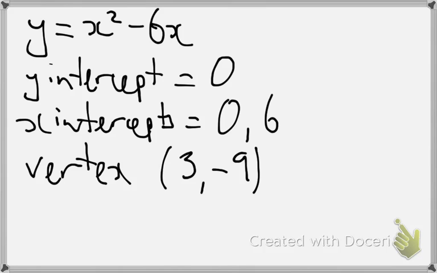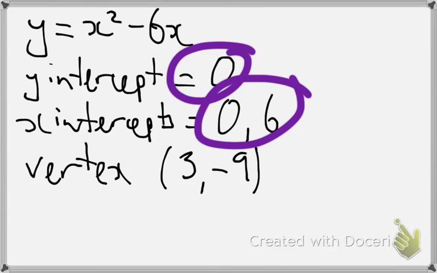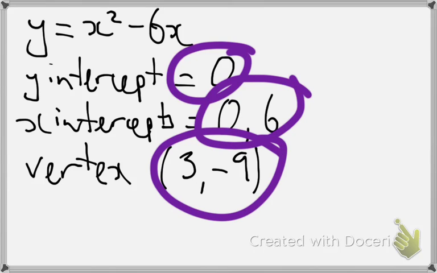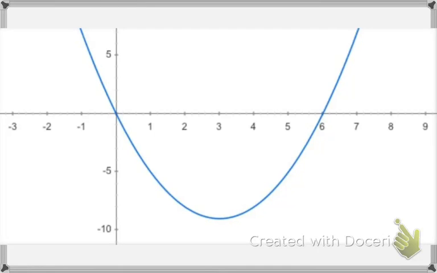So to summarize, I found out that my y-intercept is 0, my x-intercepts are 0 and 6, and my vertex is 3 and minus 9. So when I plot my graph, the points to note are that the y-intercept is 0. That is, it crosses the y-axis at 0.